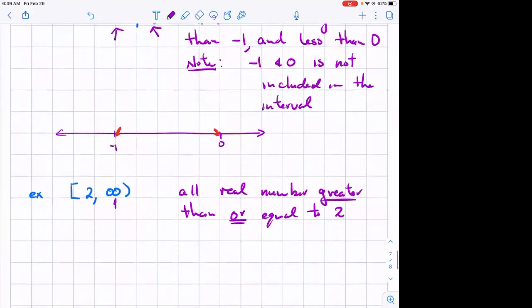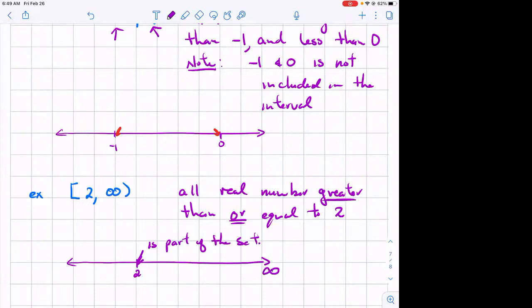So now we look at our number line. Let's say 2 is here, we are including 2. This here is part of the set, and it's going all the way to infinity.